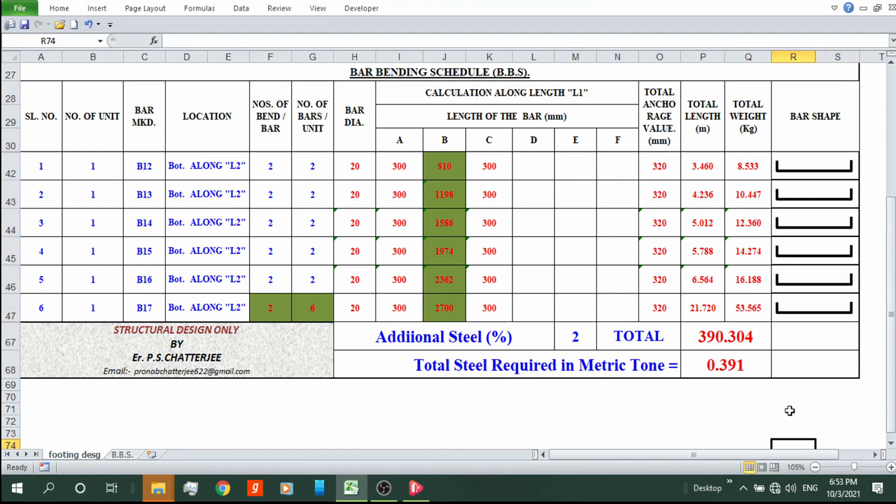Bar bending schedule for bottom bar along L2 completed.